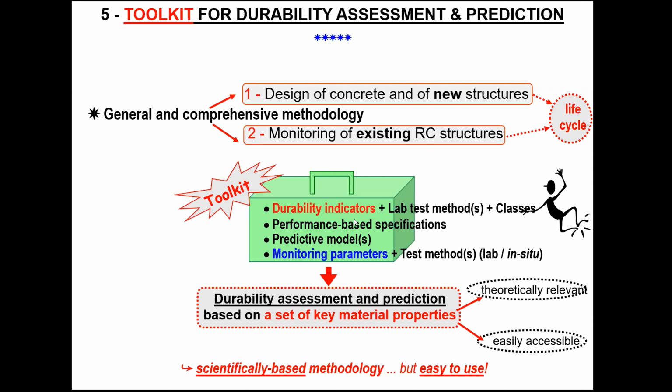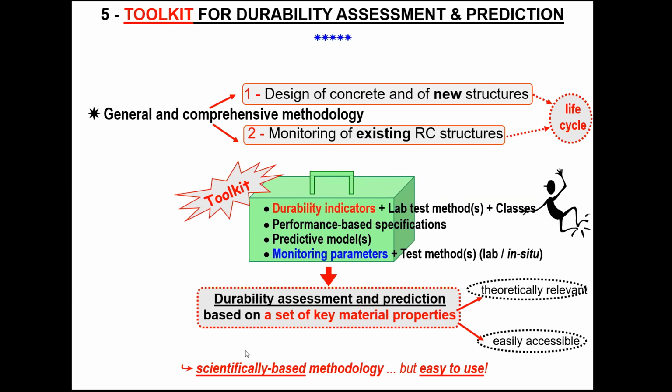toolkit for this, where durability indicators are here, the monitoring parameters are here. We also need predictive models when you want to make prediction. And of course, you also need specification in order to select appropriately the durability of the structure.